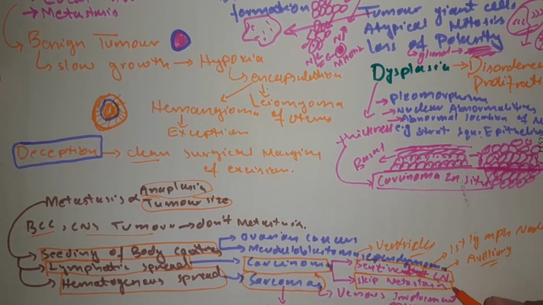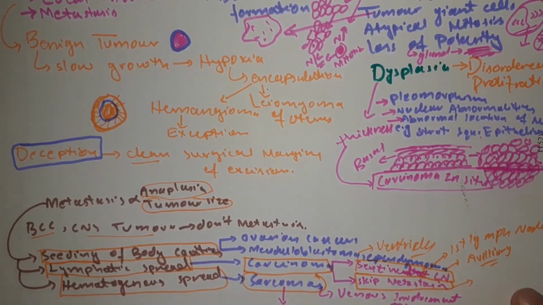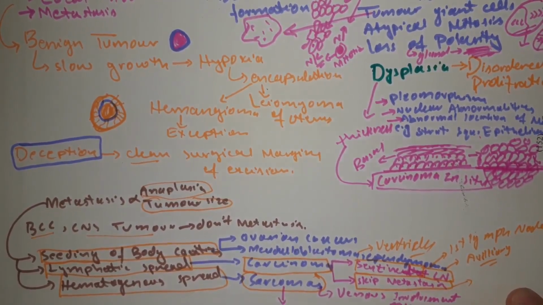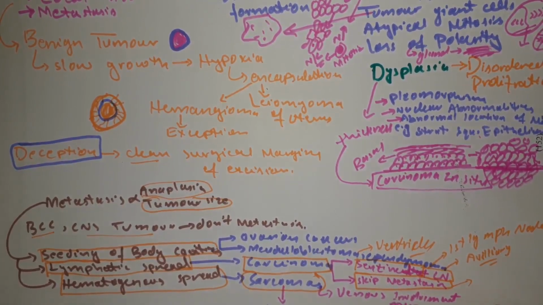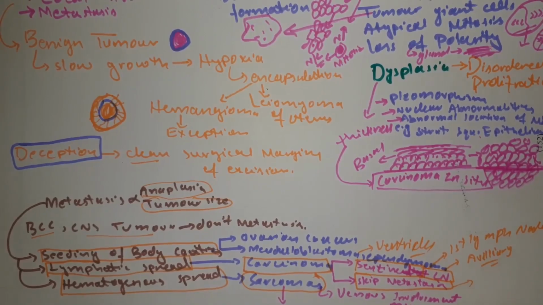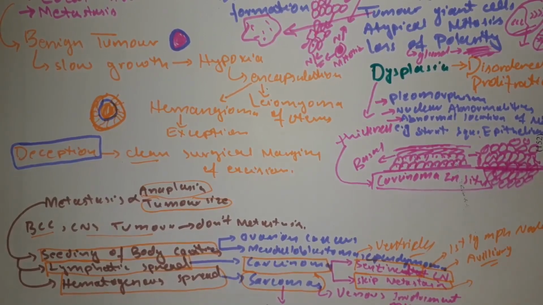And what is skip metastasis? Skip metastasis means sometimes cancer cells, instead of settling into the first lymph node, skip it and move to the second or subsequent lymph node. This mode of metastasis is called skip metastasis, and you can observe both kinds of metastasis in malignant tumors. Lymphatic spread mostly occurs to the region of lymphatic drainage of a particular tissue.